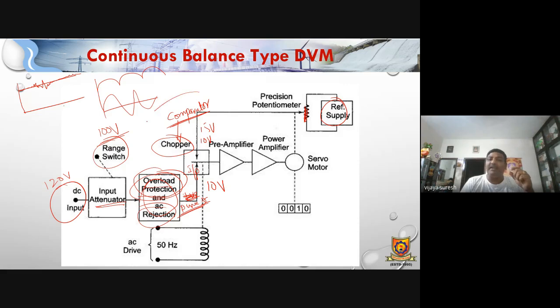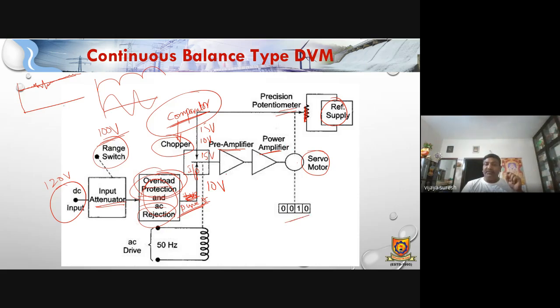So the comparator will compare these two values. The potentiometer gives, let us say, 15 volts initially. So 10 and 15, there is an error. That error gets amplified, then goes through a power amplifier and is given to a servo motor. The servo motor has control on the potentiometer as well as the display.